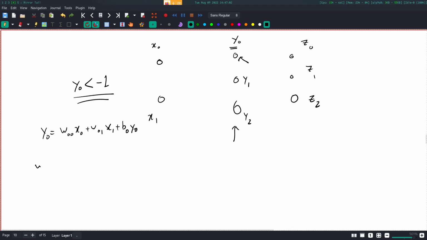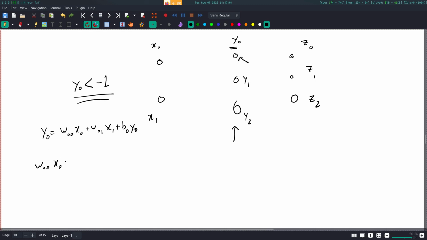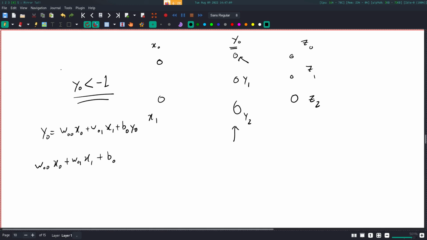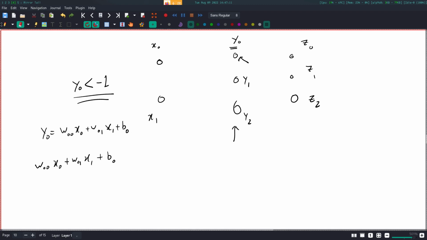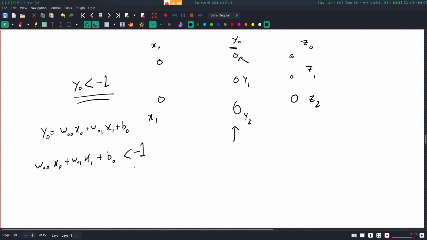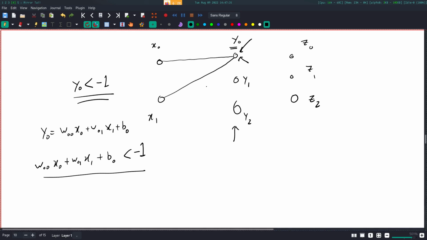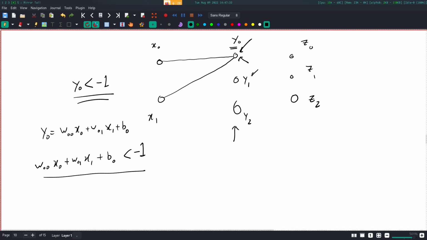So what we end up saying is w00 x0 plus w01 x1 plus b0 is going to be less than -1, right? Remember, we are getting this from this particular node, by considering these two edges here. Similarly, we'll get another such thing for this node.